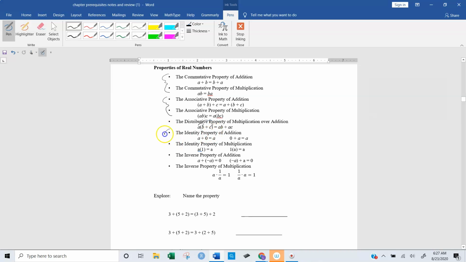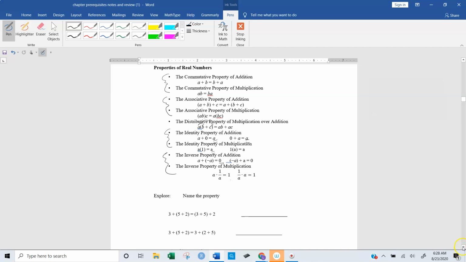Identity and these two go together. In addition and multiplication means you get the number or the variable back. So in addition it's 0, and multiplication it's 1. Addition property or multiplication property, when you add the opposite, you get 0. And when I multiply by the inverse, I get 1.